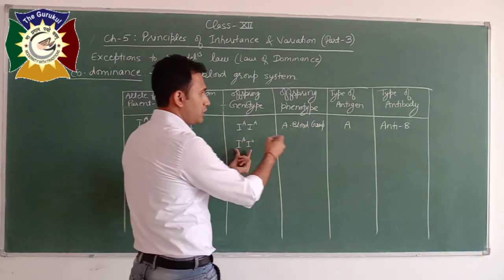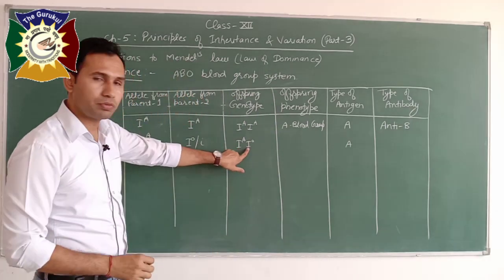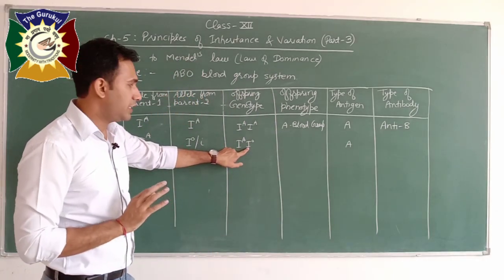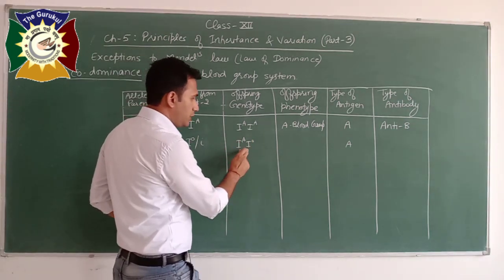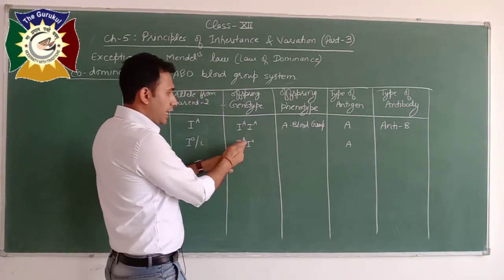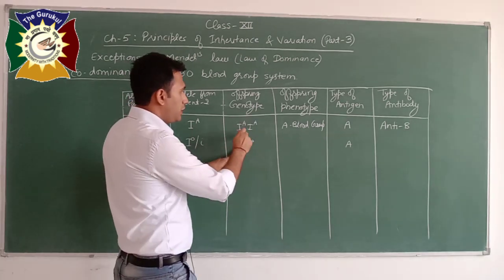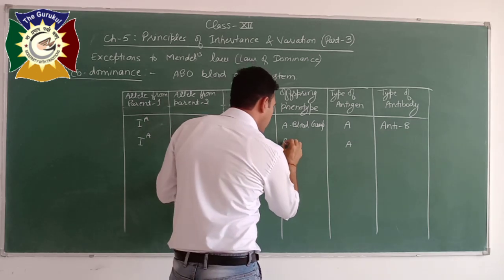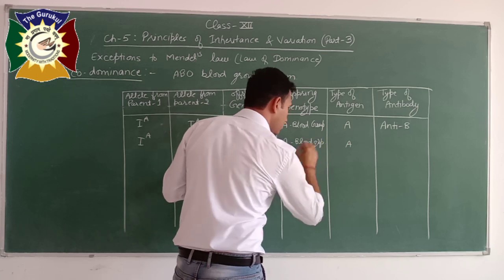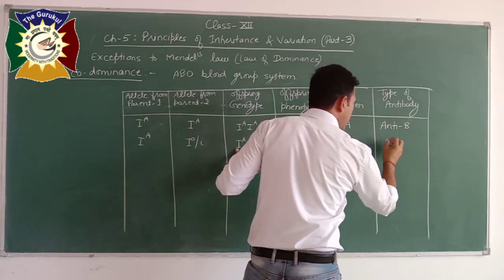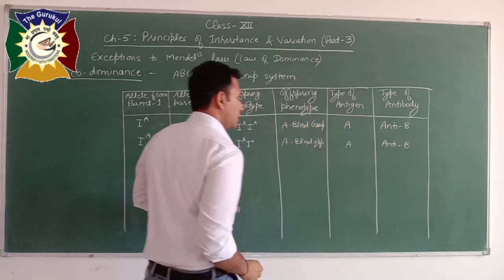It is going to produce A type of antigen, because we have already discussed that I naught will not produce any antigen on the RBC surface. IA will always be dominant over I naught, so the offspring phenotype will be A blood group. And the type of antibody is again anti-B.